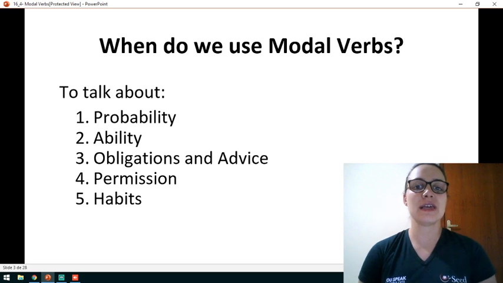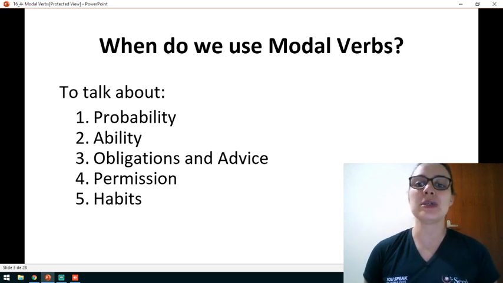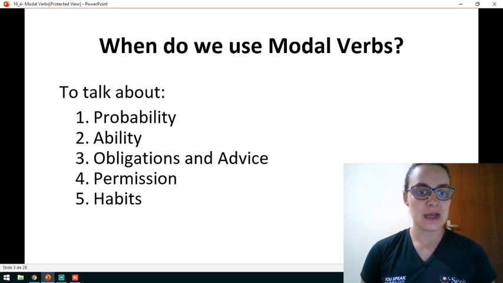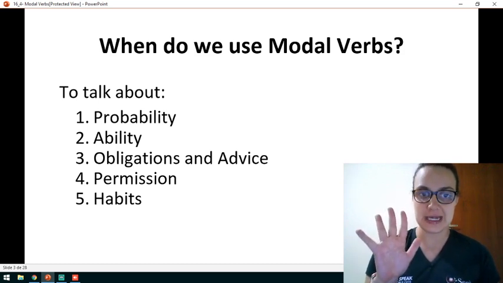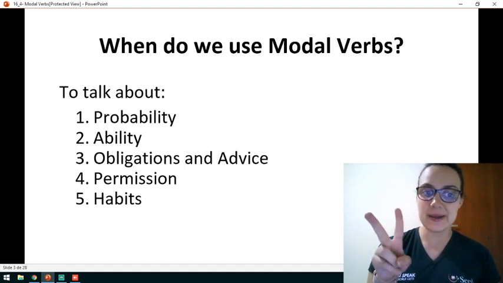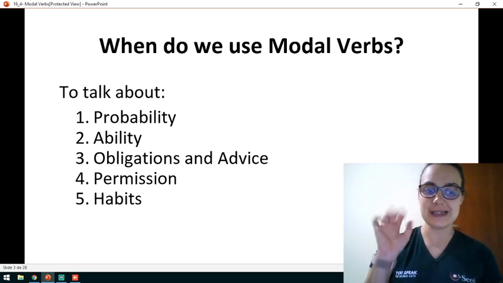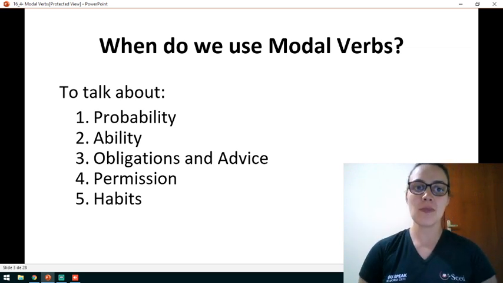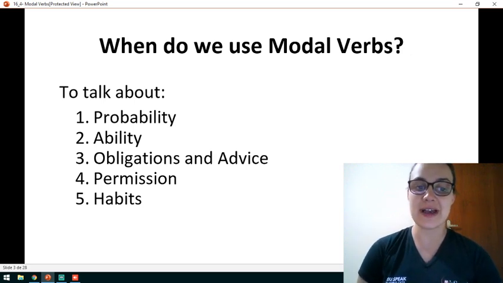So let's look here. When exactly do we use modal verbs? Now, we can use modal verbs to talk about 5 different things. We use them to talk about probability, ability, obligations and advice, permission, and habits. So we can use modal verbs to talk about all of these 5 things.